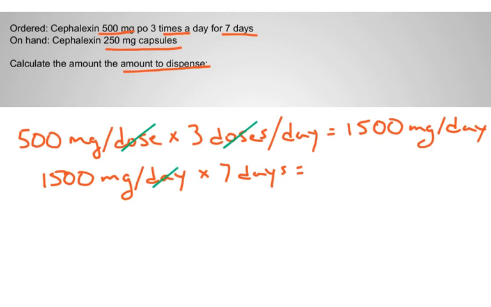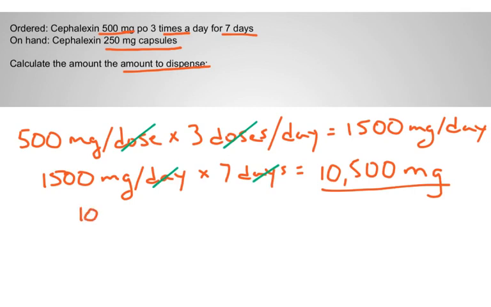Okay. And those cancel. And so let's see, I got a calculator. So 1500 times 7 days. So he needs a total of 10,500 milligrams. Okay, so that's his total amount of medication that he needs. Okay, so now we need the amount to dispense. So then we just do our dosage problem.